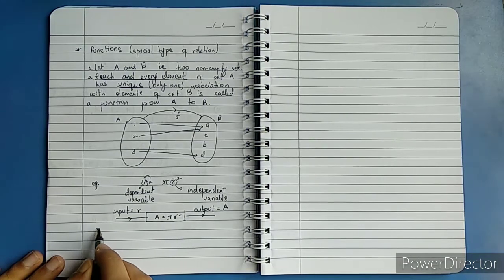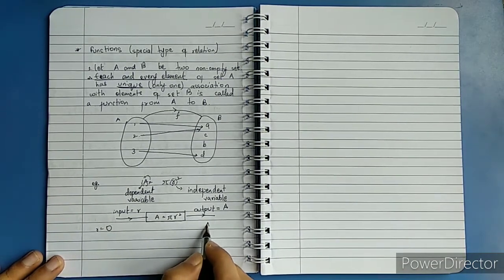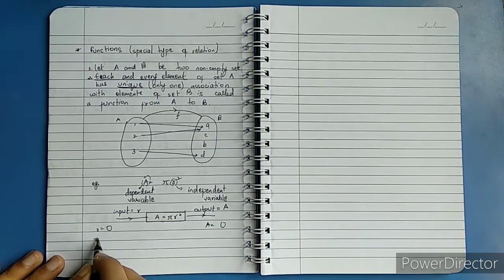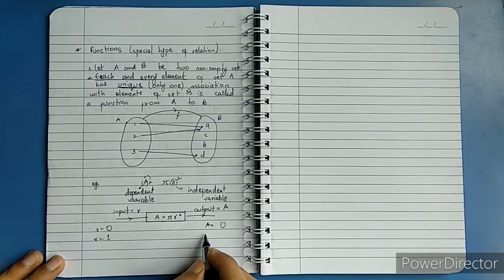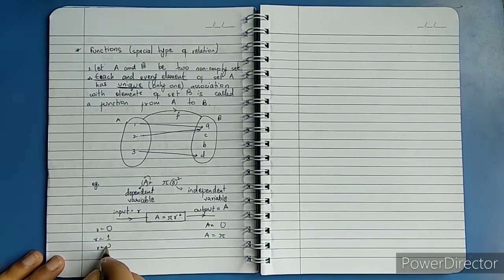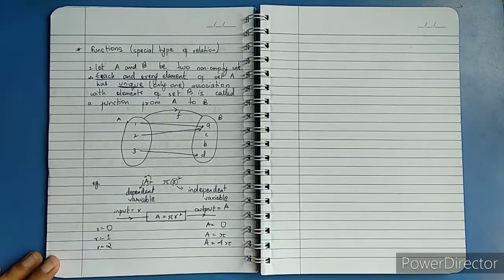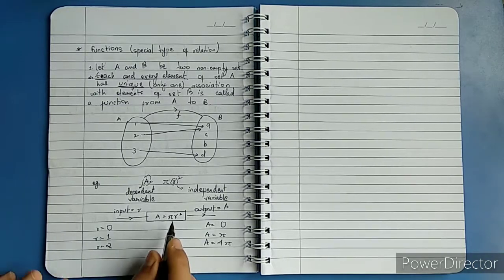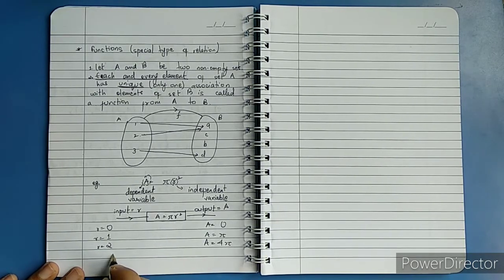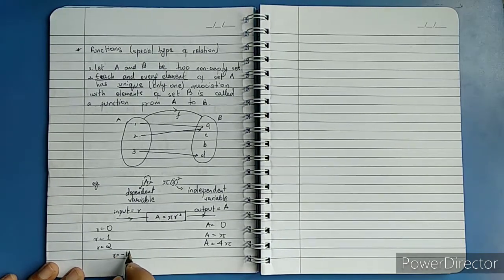So say r is 0. So the value of A is 0. Say r is 1. So the value of A is pi. Say r is 2. So the value of A is 4 pi. And this keeps on. Now here r equals -1.